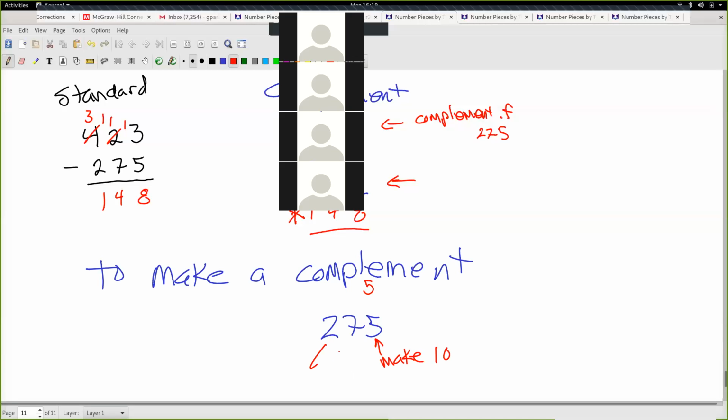And then for the other two places, or however many places there are, you're trying to make a 9. So what would you add to 7 to make a 9? We would add a 2. What would we have to add to 2 to make a 9? We would add a 7. So 725 is the complement of 275. Okay. All right, thank you. Yep. And we always start with the bottom number. Okay.